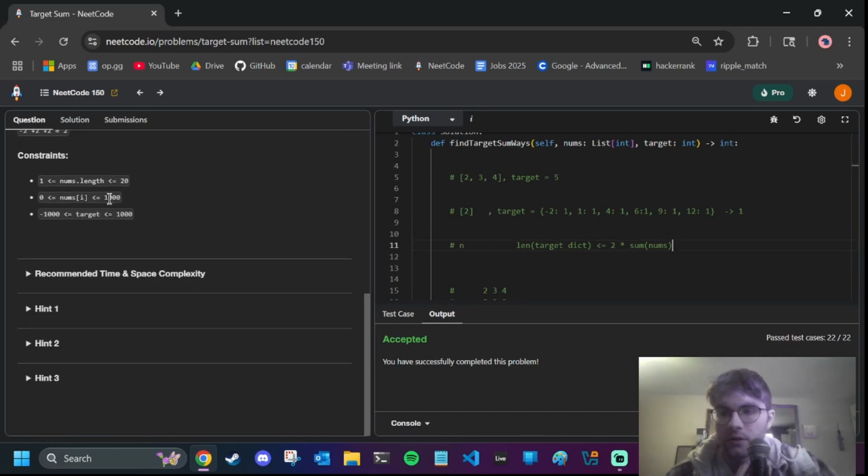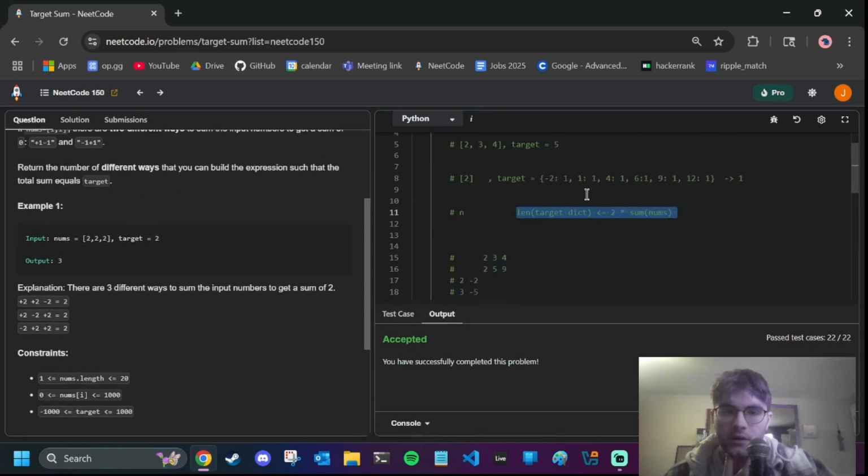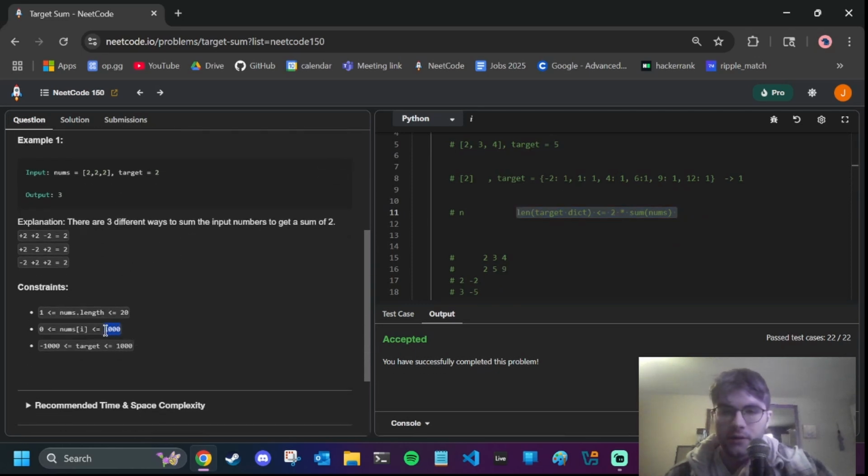So if each number can be 1,000, yeah, this seems pretty good then, because each number can be up to 1,000, so from 0 to 1,000, and there can be 20. There can be 20.